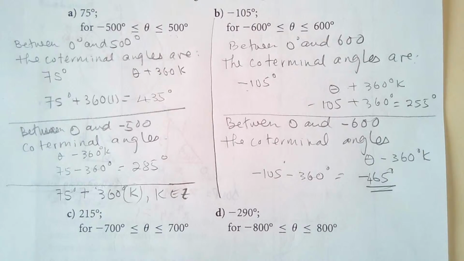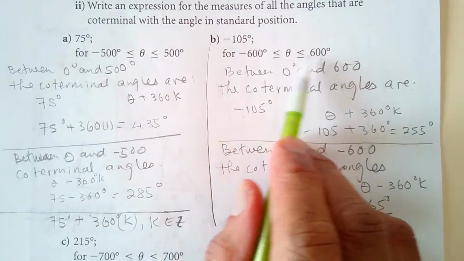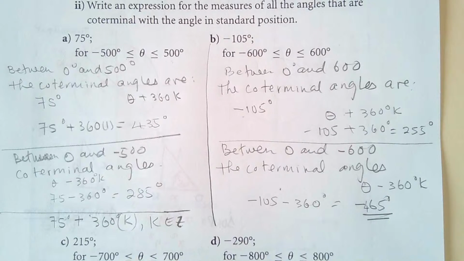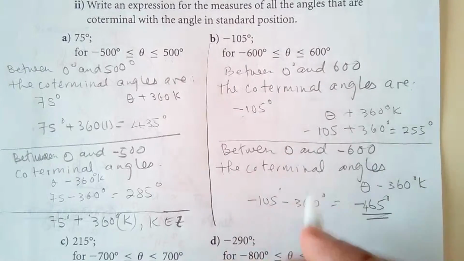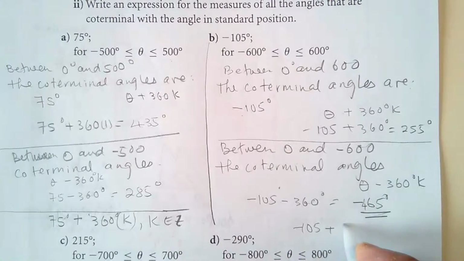We can't go any further because we were restricted to negative 600. And what would be the expression in standard position? Well, it's negative 105 plus 360k.